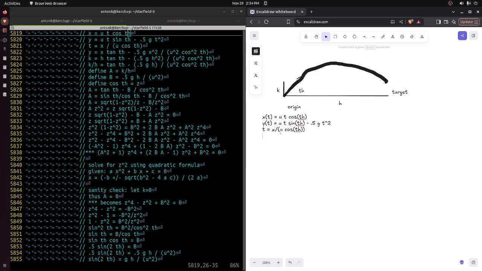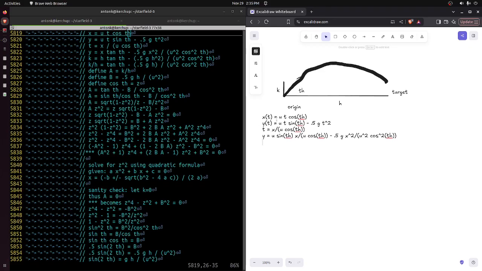And replacing this in the second equation, y of t, we get y equals u times sine theta times t, which is x divided by u cosine of theta, minus 1/2 g x squared divided by u squared cosine squared of theta.